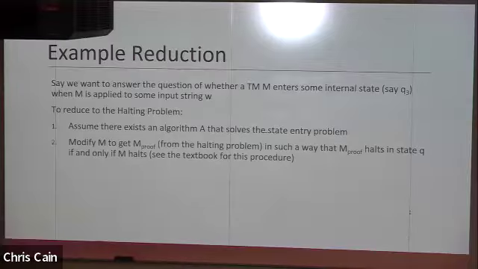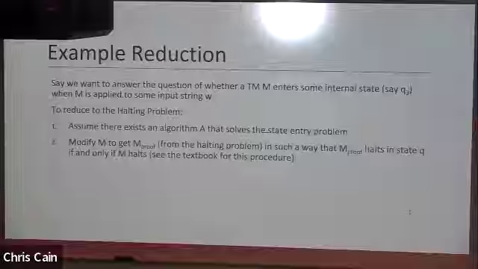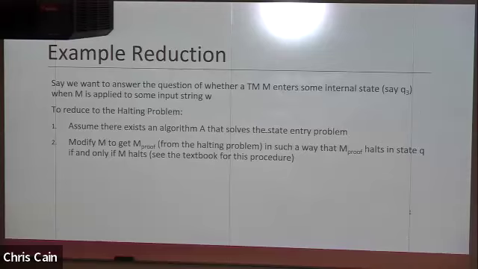We'll modify that machine, M, the M that we're using to query this, to get M proof from the halting problem, in such a way that M proof halts in state Q if and only if M halts. The idea being that whatever state we halted in, we're going to change from being a halt state and redirect it to the query state, so instead of halting in the halt state, we're going to halt in the query state.